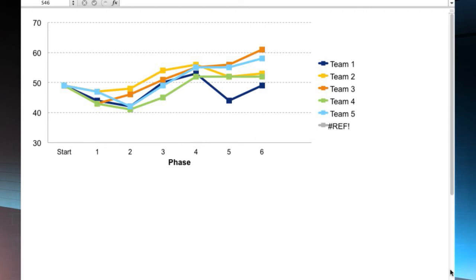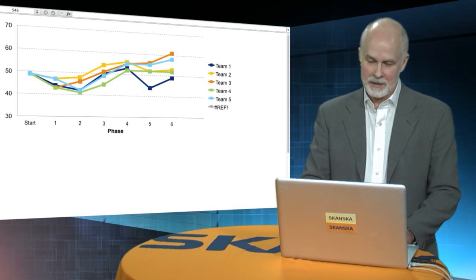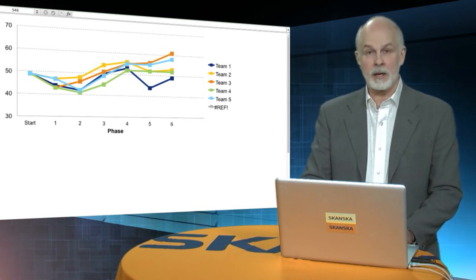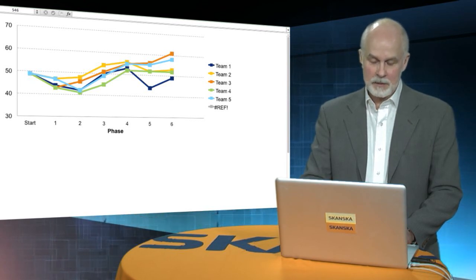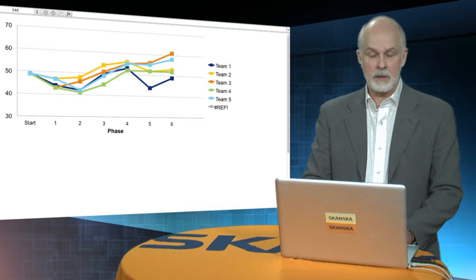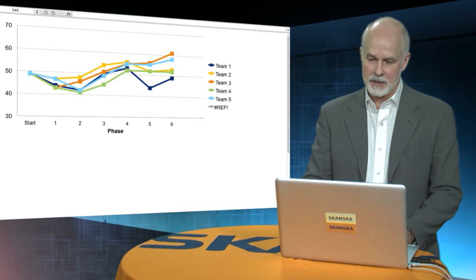It is though interesting to see that the winning team, team number 3, already after phase 1, they have an upgoing trend all the way to the leading position. And you can see a team like team 1, they are doing quite well up to phase 4, and then they have a dip in phase 5, and then getting back on track in phase number 6.